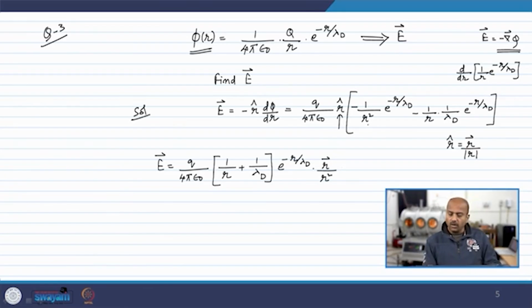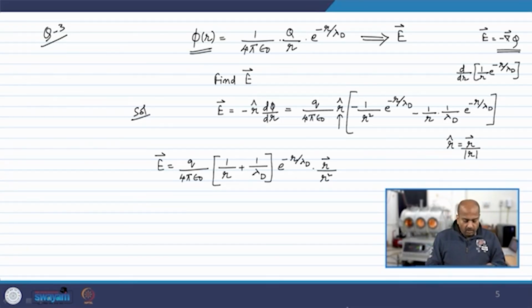Okay. So, out of these two terms I have taken 1 by r common, it came out, and this r cap is r by mod r, which is again r, that is why we have r square outside and the remaining terms inside this, right. So, this is the electric field.